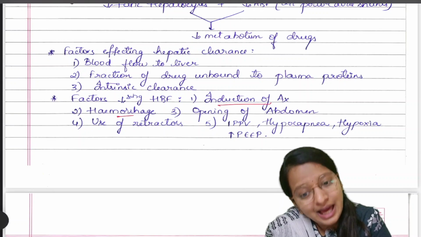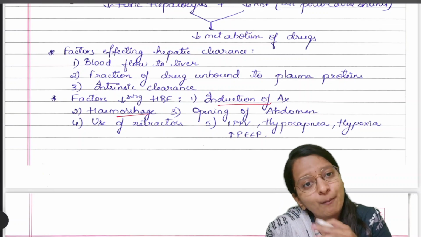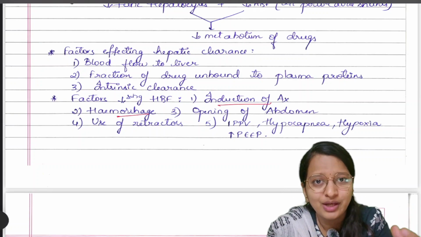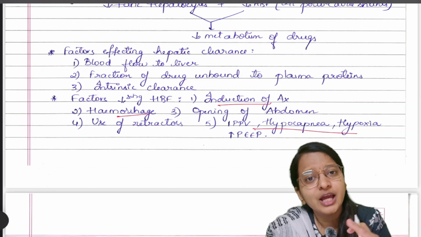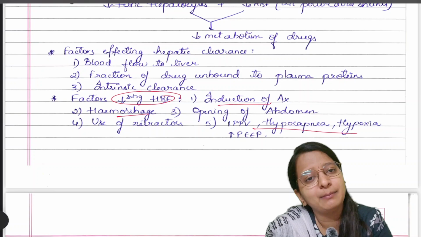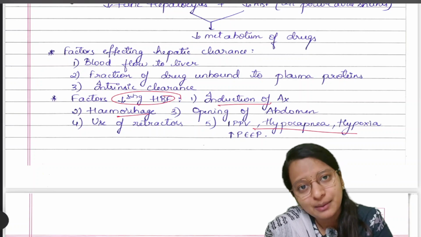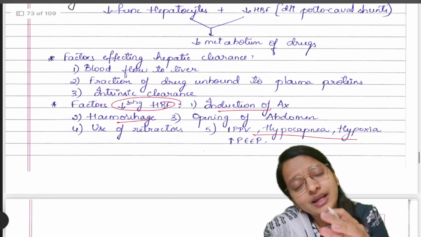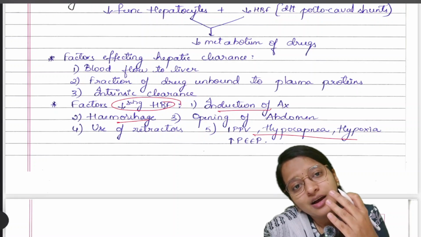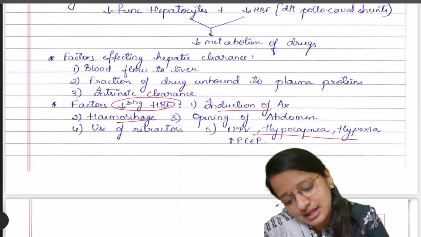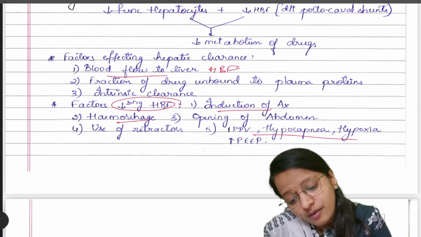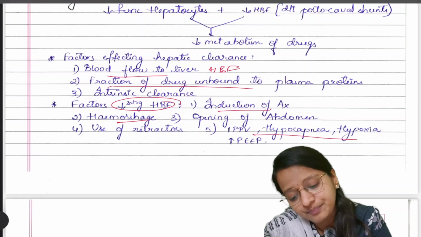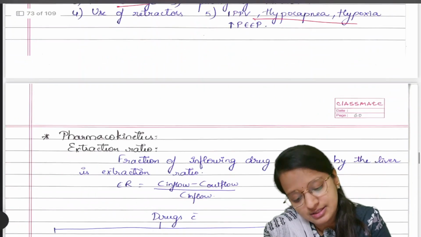If there is any hemorrhage during the surgery, opening of the abdomen, retraction of the abdomen, use of PEEP, IPPV, everything causes a decrease in hepatic blood flow, which in turn affects your metabolism of drugs. So finally, the factors which affect the clearance of drugs are blood flow to the liver, obviously the hepatic blood flow, fraction of drug unbound, and the intrinsic clearance.